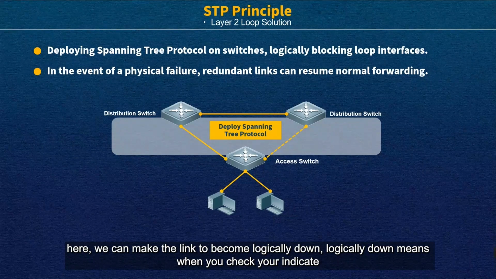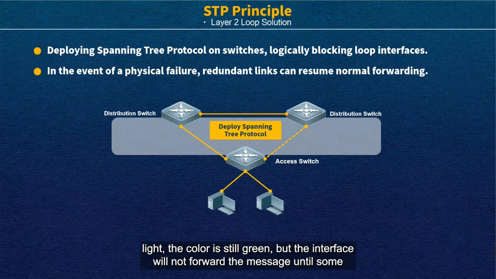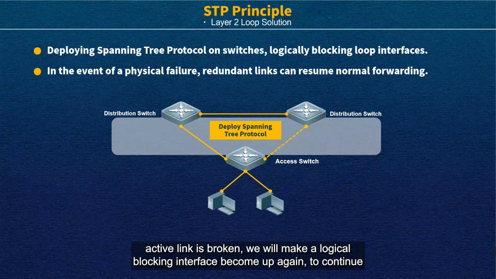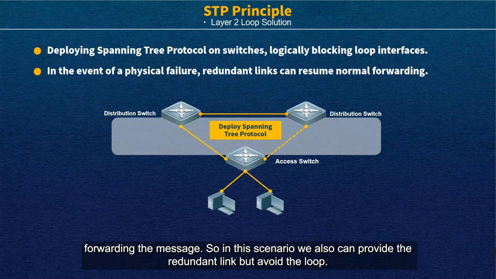Logically down means when you check the light, the color is still green, but the interface will not forward the message. Until some active link is broken, we will make the logically blocked interface become up again to continue forwarding the message.